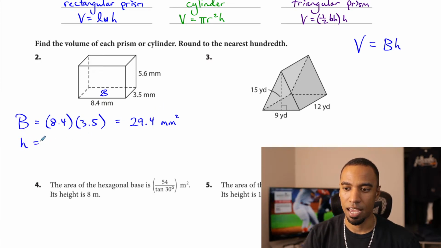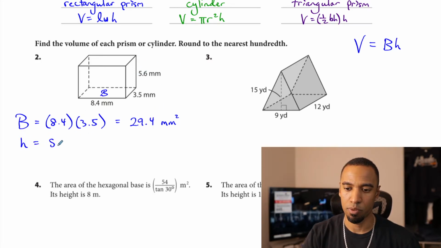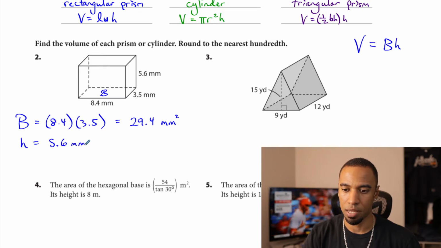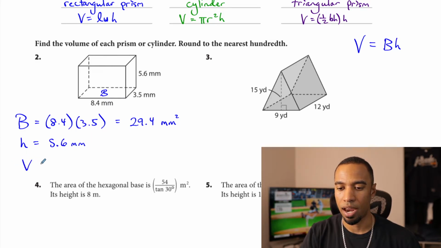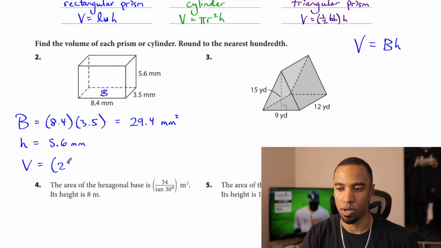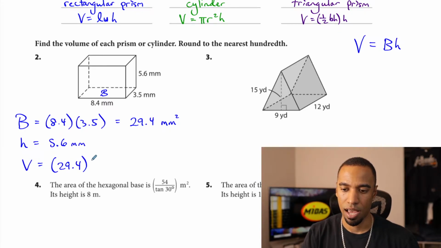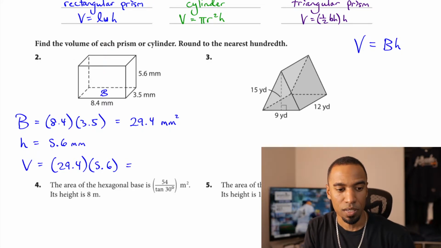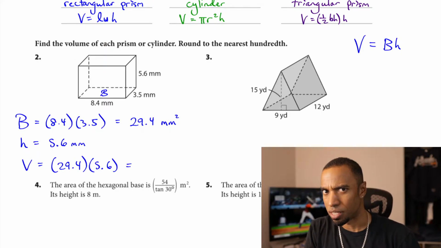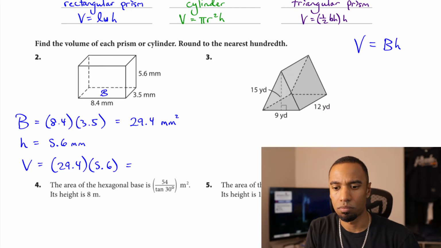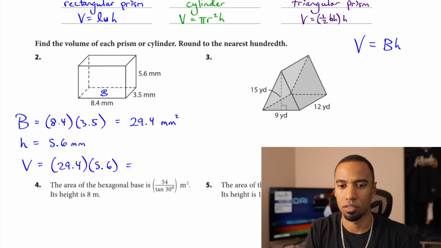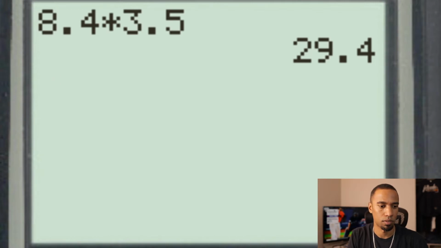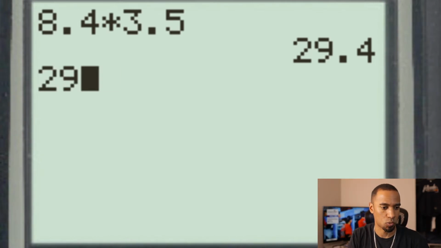I'm going to identify the height for y'all. That's going to be 5.6 millimeters. It's the one that was not touched yet. So our volume, when we do area of base times height, is going to be 29.4 times 5.6, and that will equal something. Around 170 is my guess, because I'm trying to do 30 times 6 in my head.